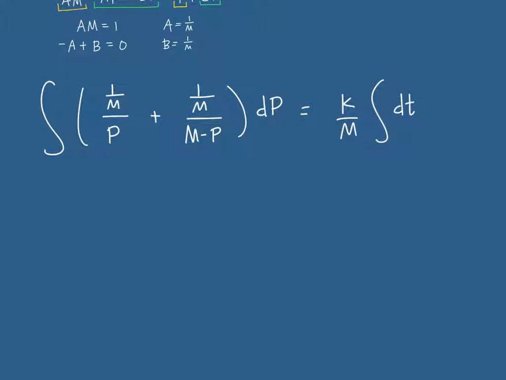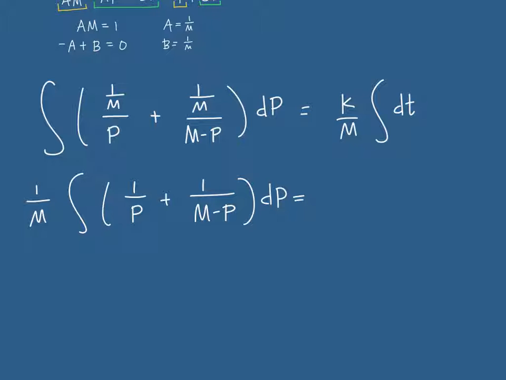So what could you factor out of the left-hand side? Let's factor out 1 over m. That just leaves me with 1 over p plus 1 over m minus p dp, and I have k over m on the other side.